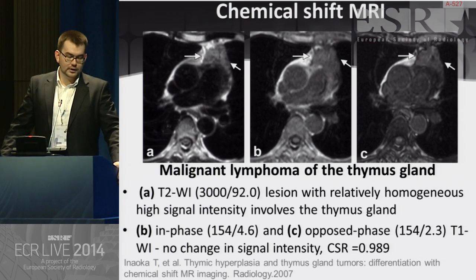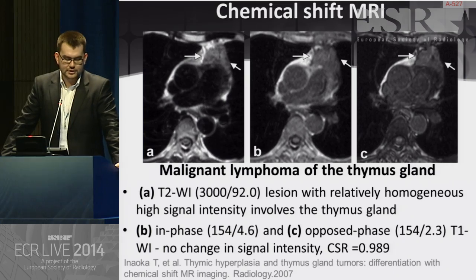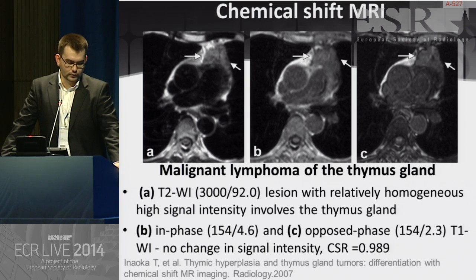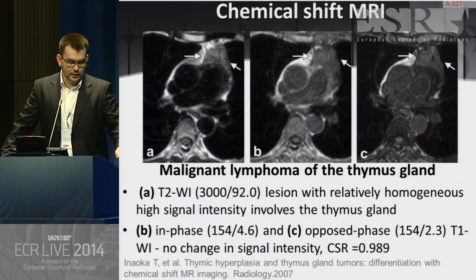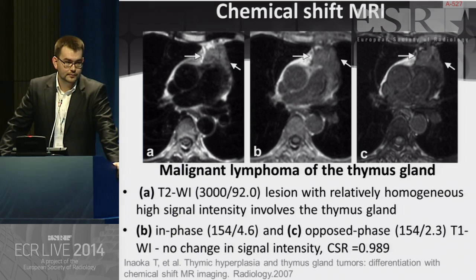The use of PET MRI instead of PET CT in the surveillance of lymphoma patients undergoing chemotherapy may also be helpful for differentiation of thymic rebound from recurrent lymphoma of the mediastinum.